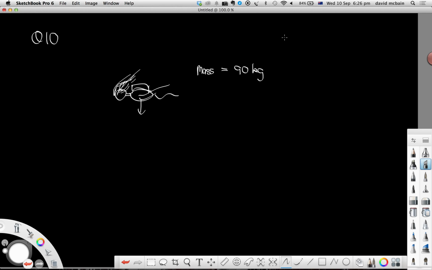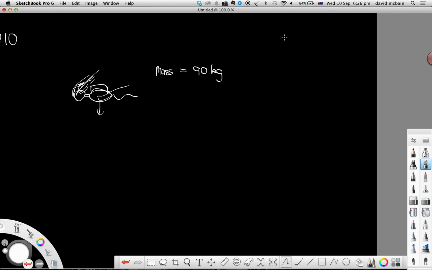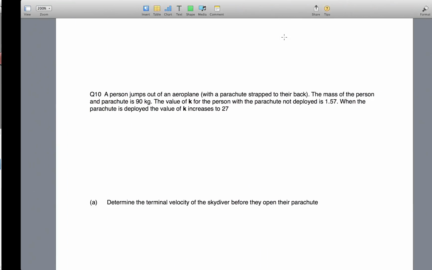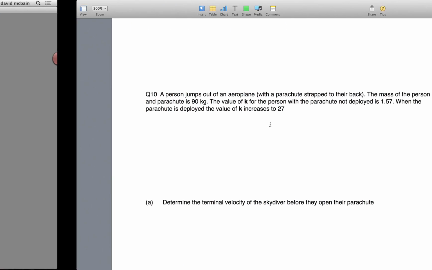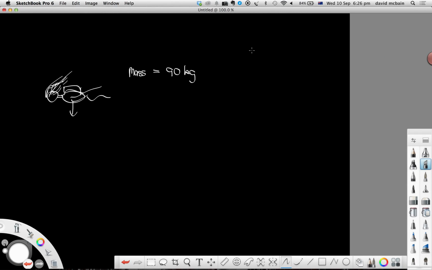Now the two values of K were 1.57 and 27. So that's when the parachute's not deployed, and K equals 27 when the parachute is deployed.